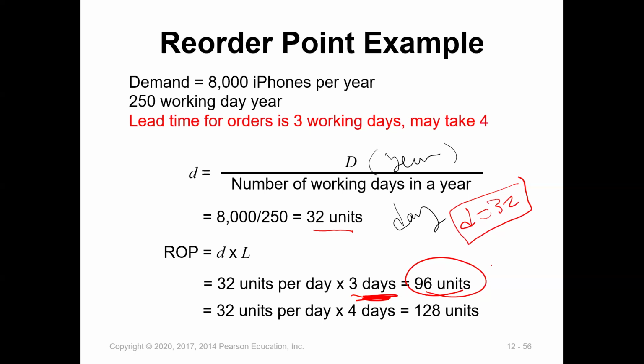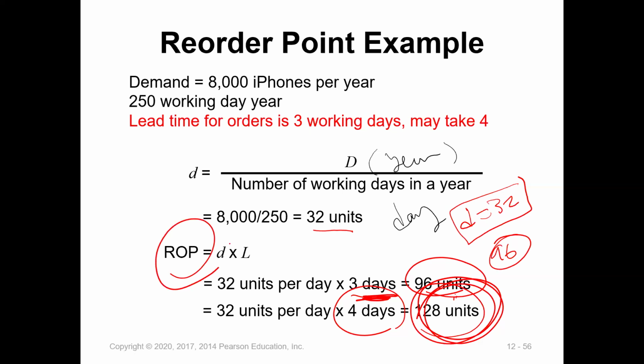So if it takes 3 days, when I have 96 phones in my store, I need to place the order. If it takes 4 days, when I have 128 units, I need to place the order. That's the reorder point. A point means the level of inventory when you order. That's the meaning of this point.